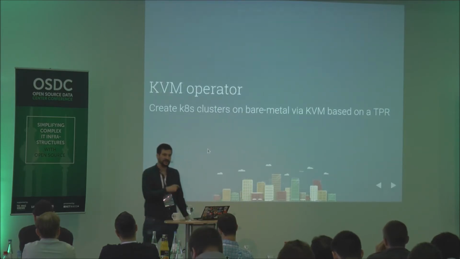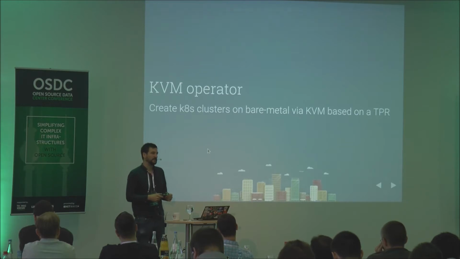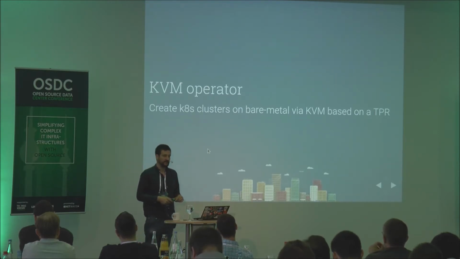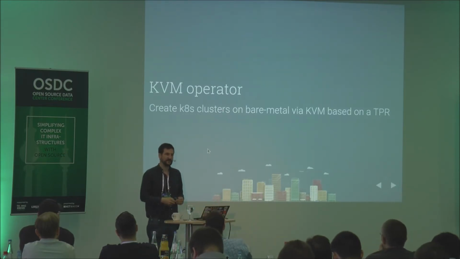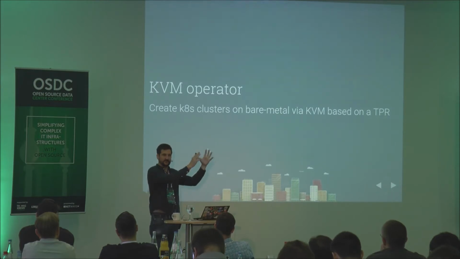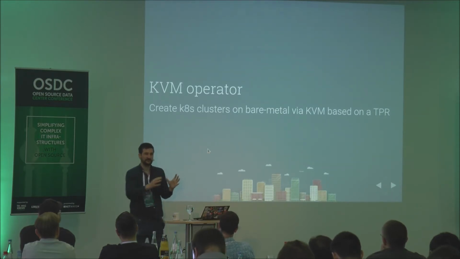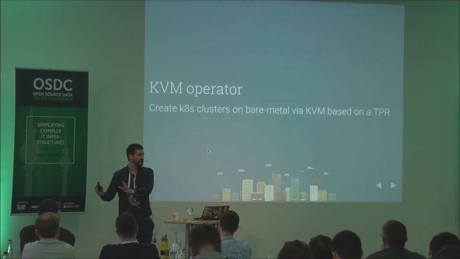And so what we did is we created a KVM operator that defines a cluster third-party resource in Kubernetes. It has some attributes of how a cluster looks, and then the KVM operator actually translates the cluster definition into the actual pods that need to be running.